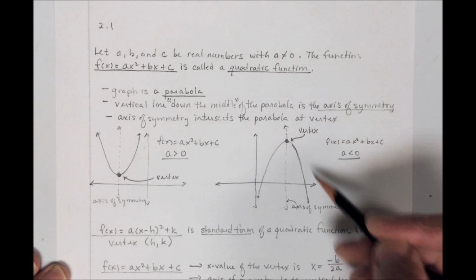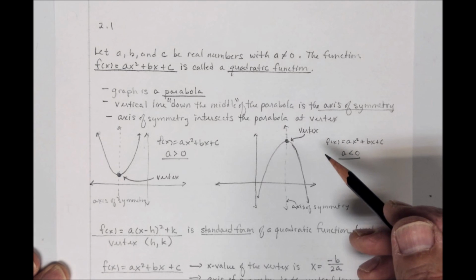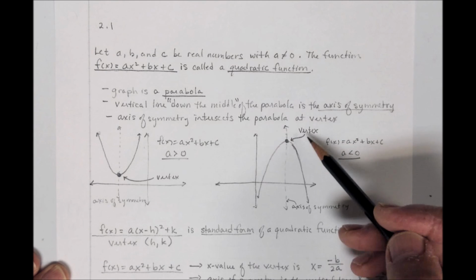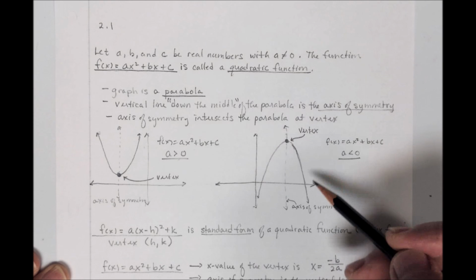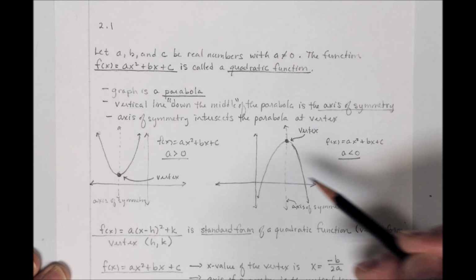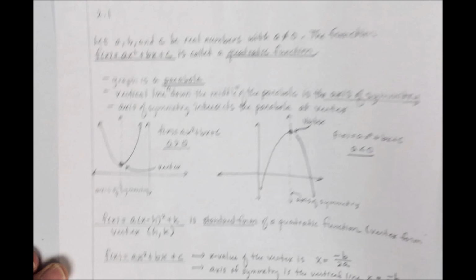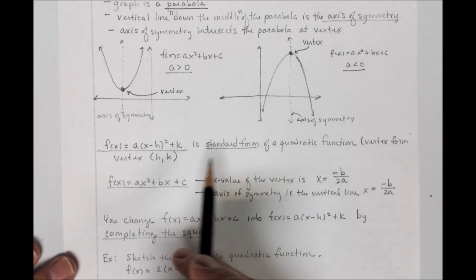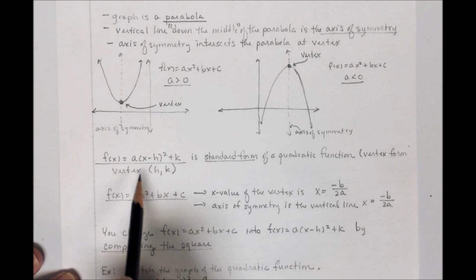I freehanded these, so you could probably do a little bit better than that. But you need to know the basic information here. You need to be able to find the vertex, the axis of symmetry, and the intercepts.